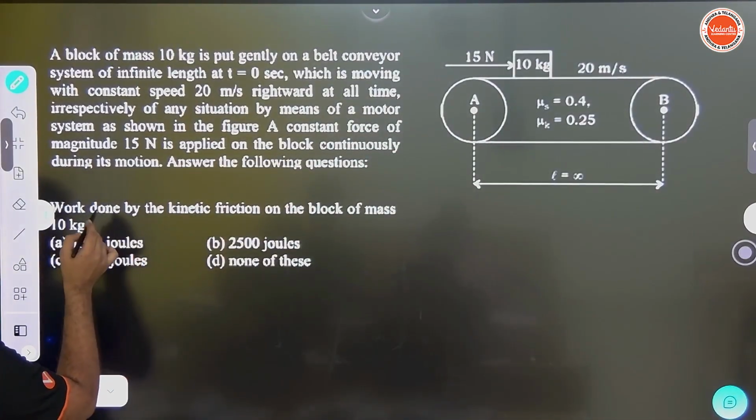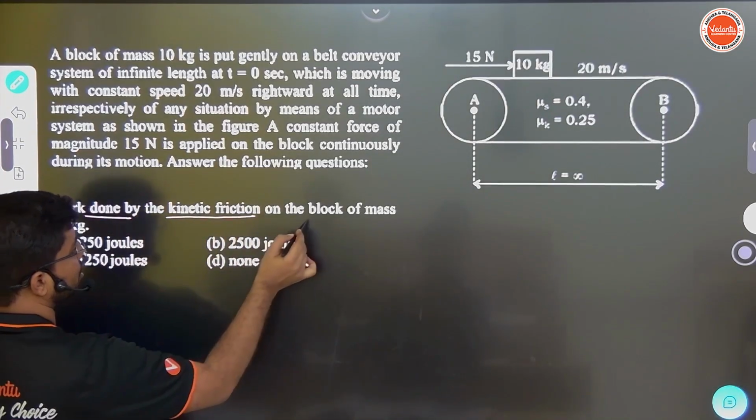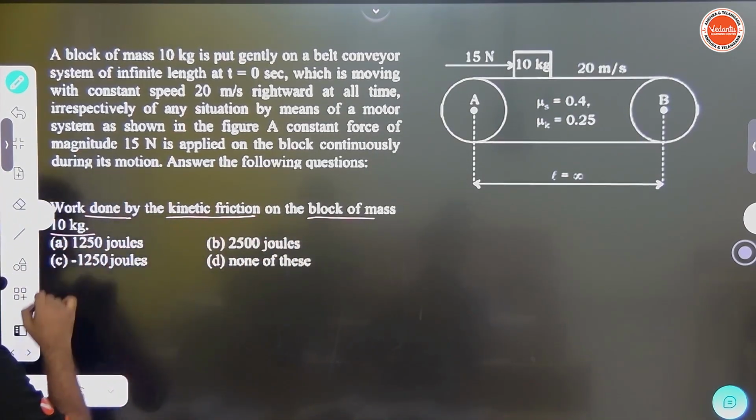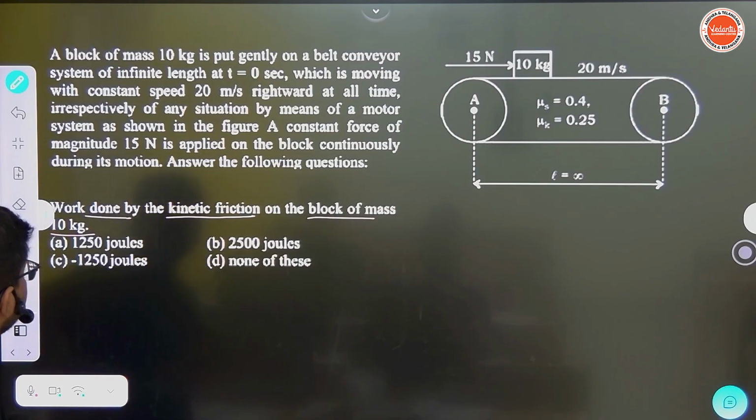Same scenario, and they are asking for the work done by kinetic friction on the block of mass 10 kg. Where is the kinetic friction here? We don't have any kinetic friction over here.